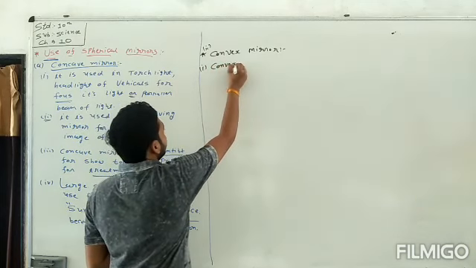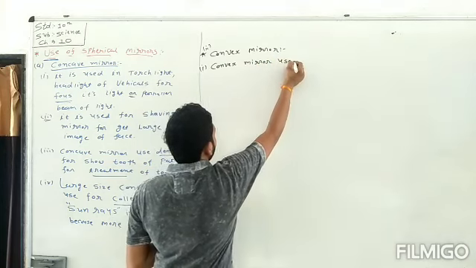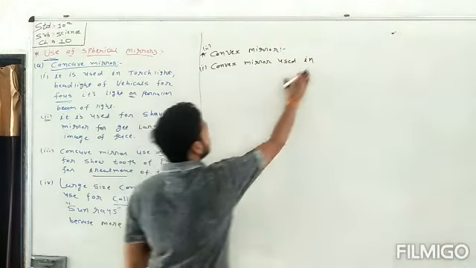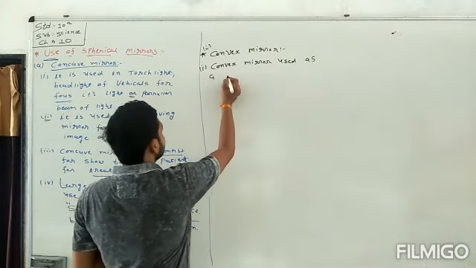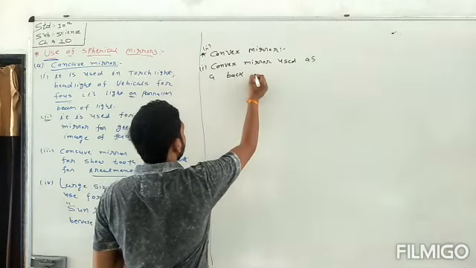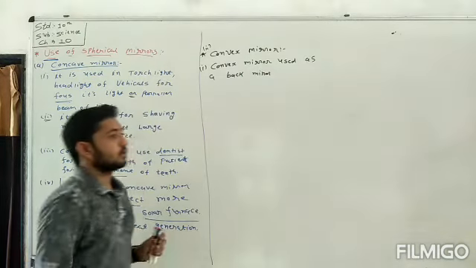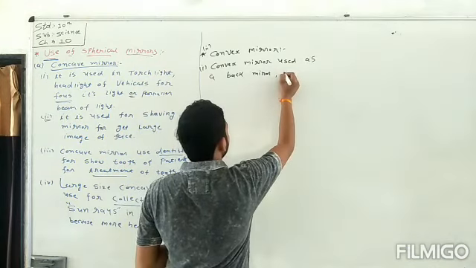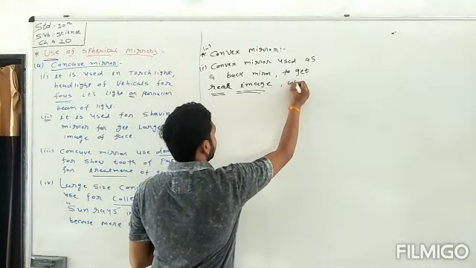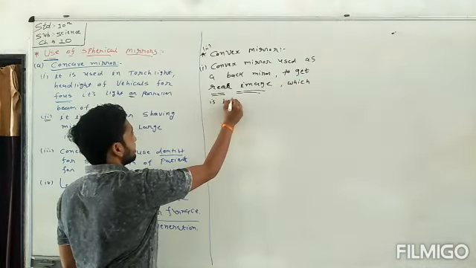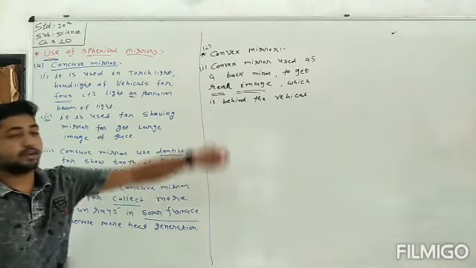First, convex mirror is used as a back mirror or rear mirror, to get rear image which is behind the vehicle. Why we use convex mirror?